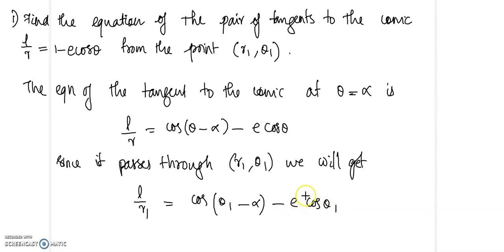Call the first as the first equation and this as the second equation. Now from the first equation we will get L by R plus e cos theta equal to cos theta minus alpha.